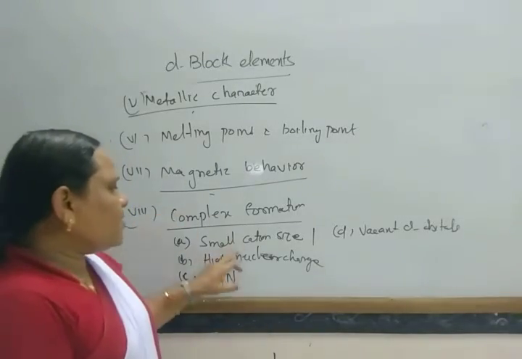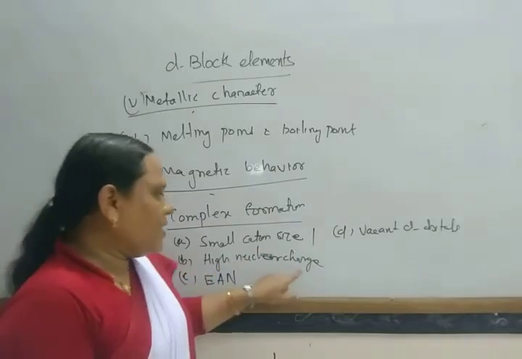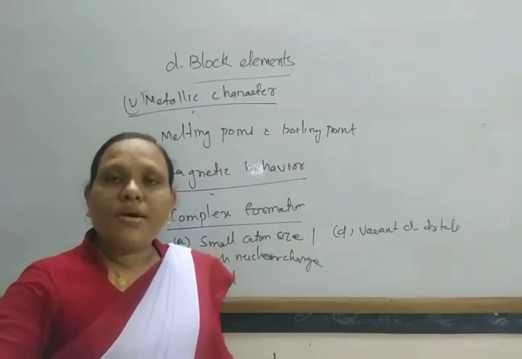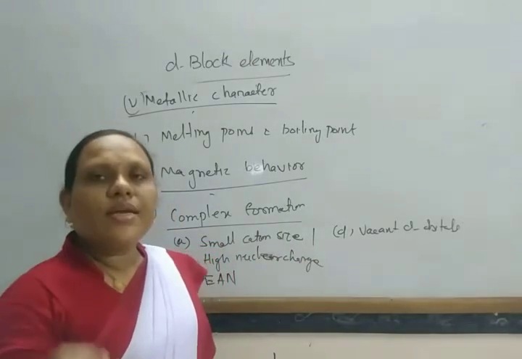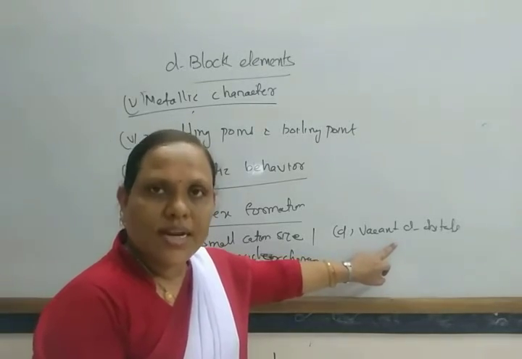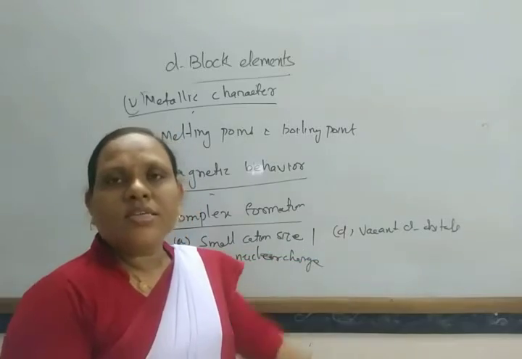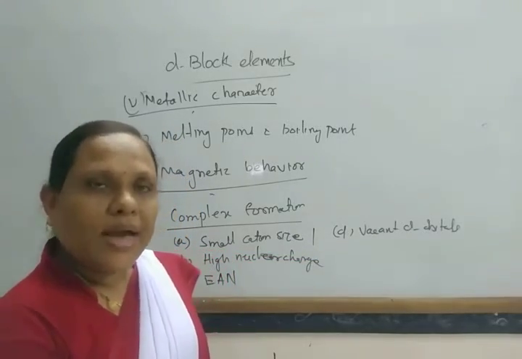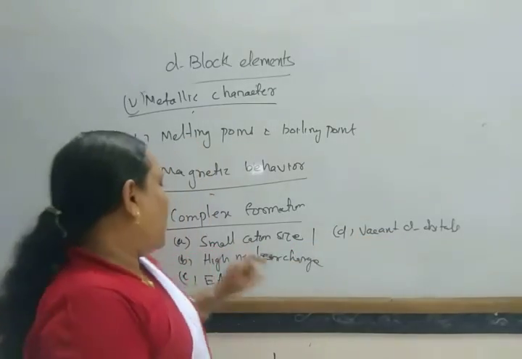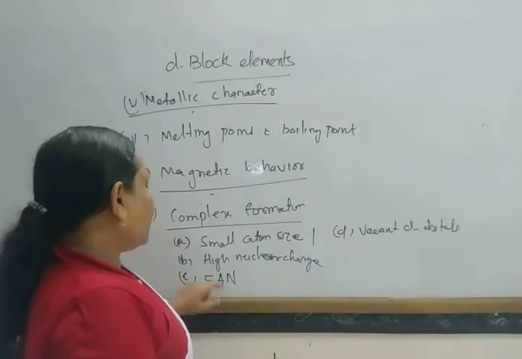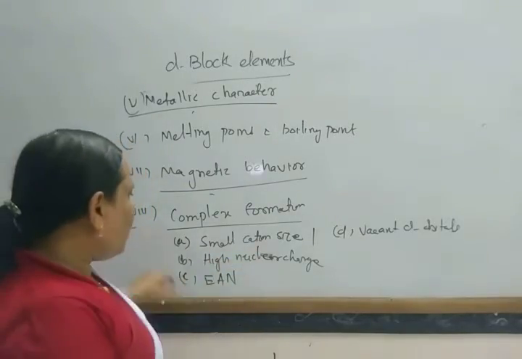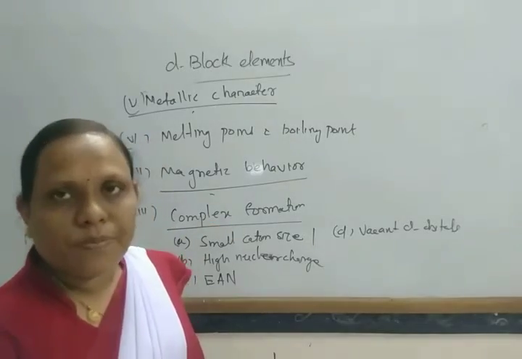Different ions or molecules can donate a pair of electrons to these vacant d orbitals to form a coordinate bond. And due to their ability to achieve the effective atomic number, they form complex compounds.